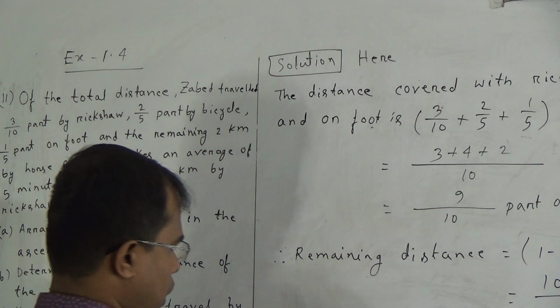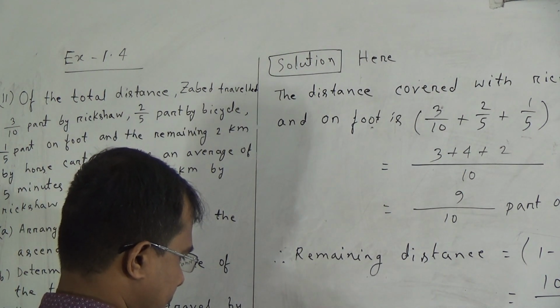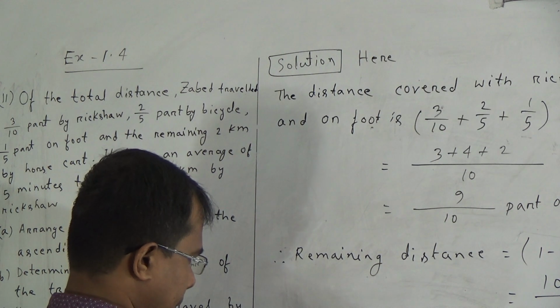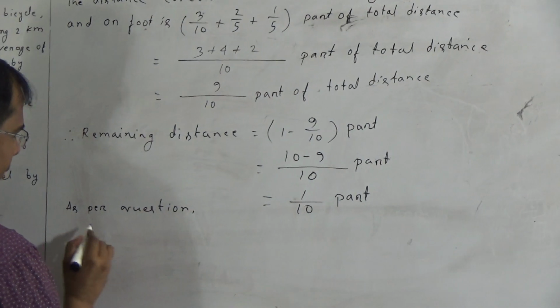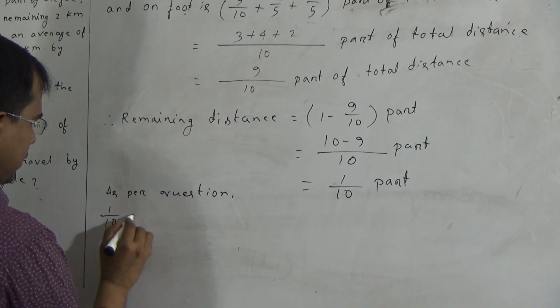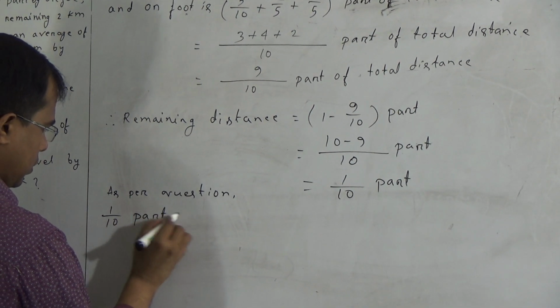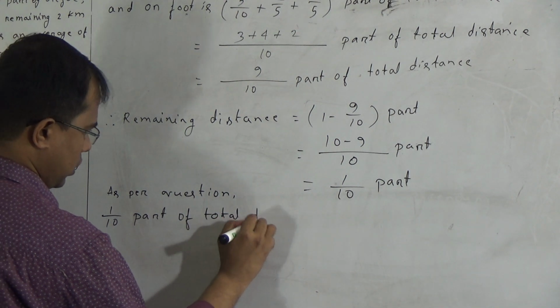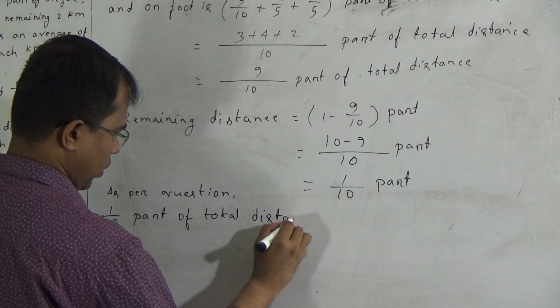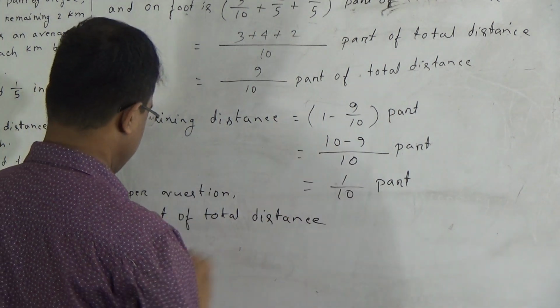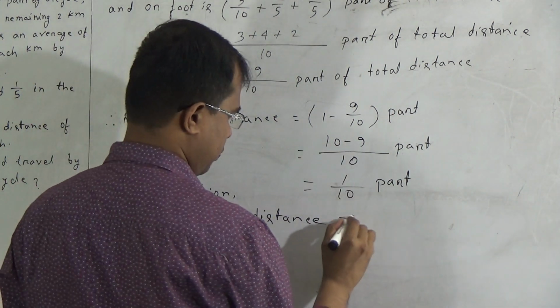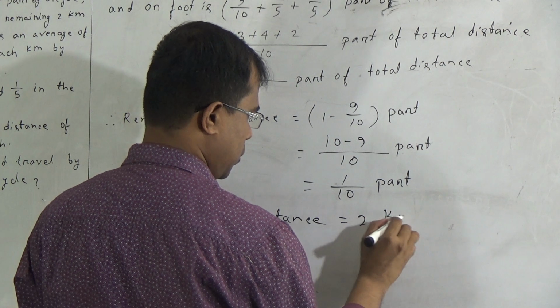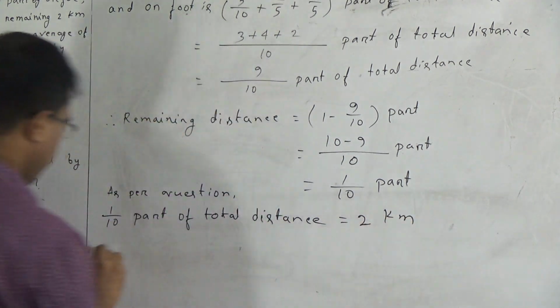As per question, 1 by 10 part of total distance is equal to 2 kilometer.